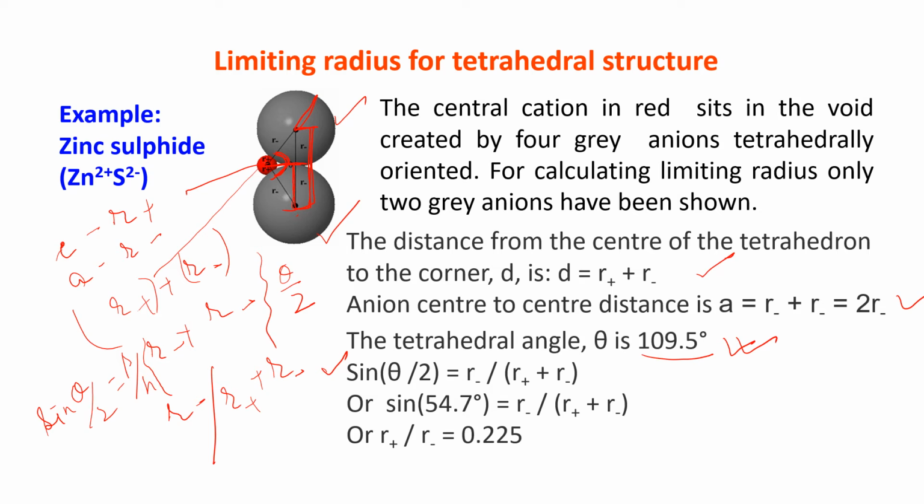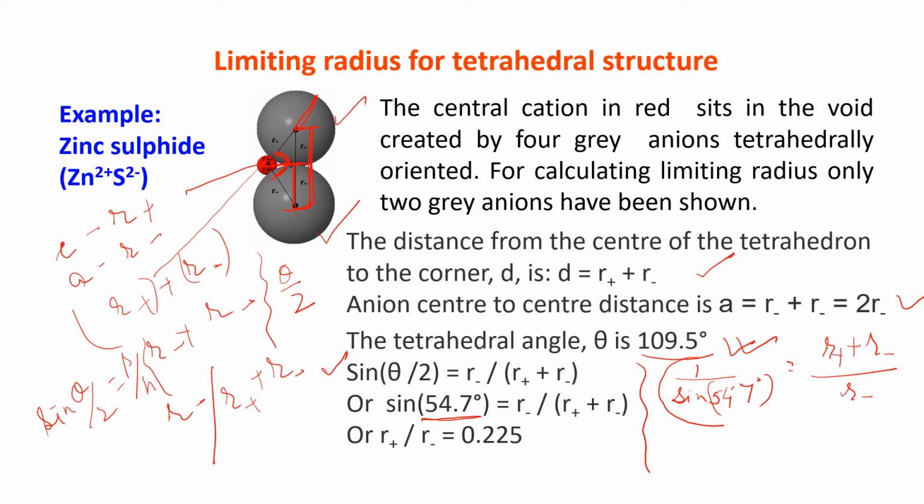Okay, now I am getting this. Now sin theta by 2 means 109.5 by 2, which is coming to 54.7. Now see that I am just doing the calculation here. 1 by sine 54.7 degree is equal to r plus plus r minus divided by r minus.